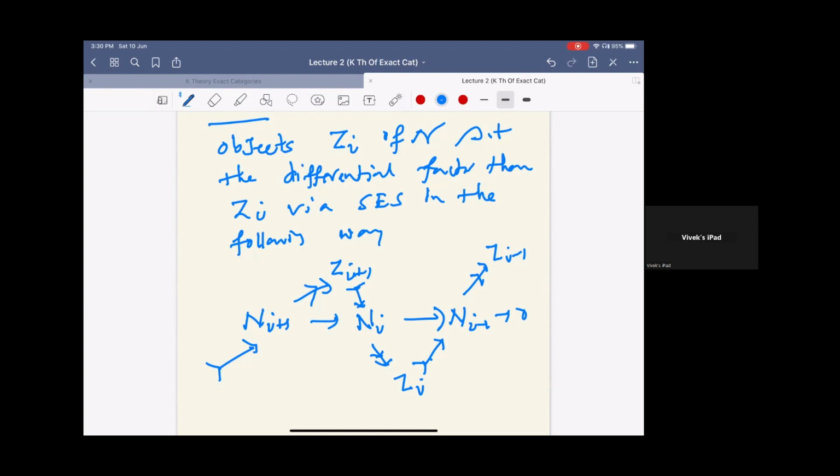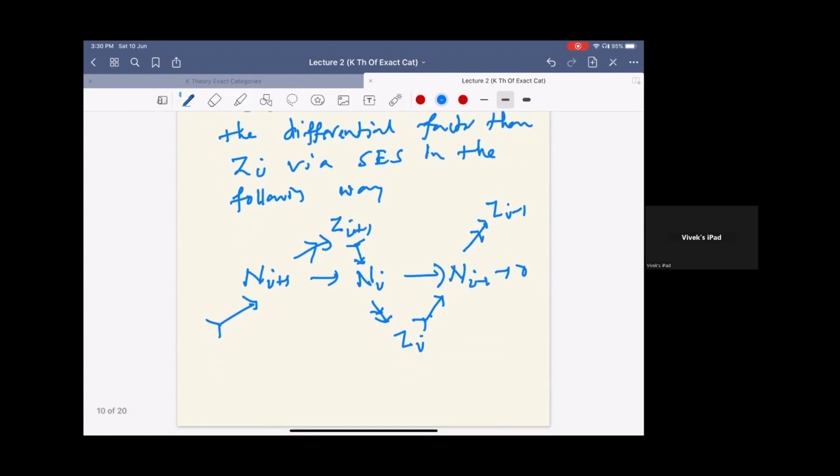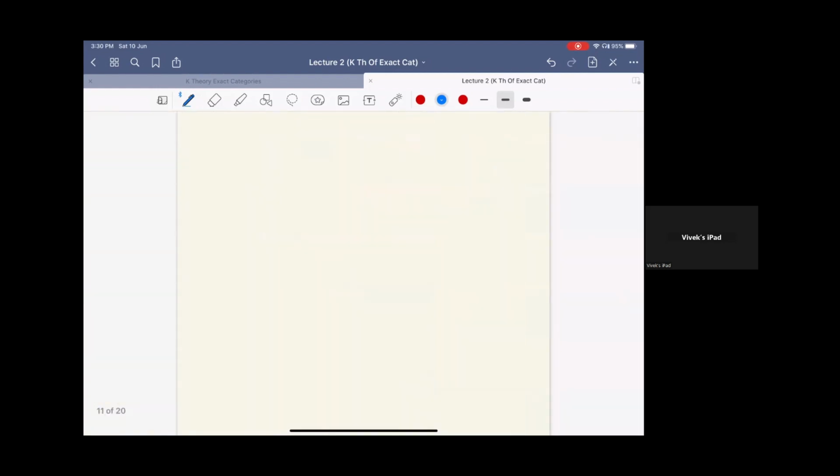All right. So in this setting, we now have a notion of a long exact sequence, or acyclic chain complex, in the setting of an exact category.